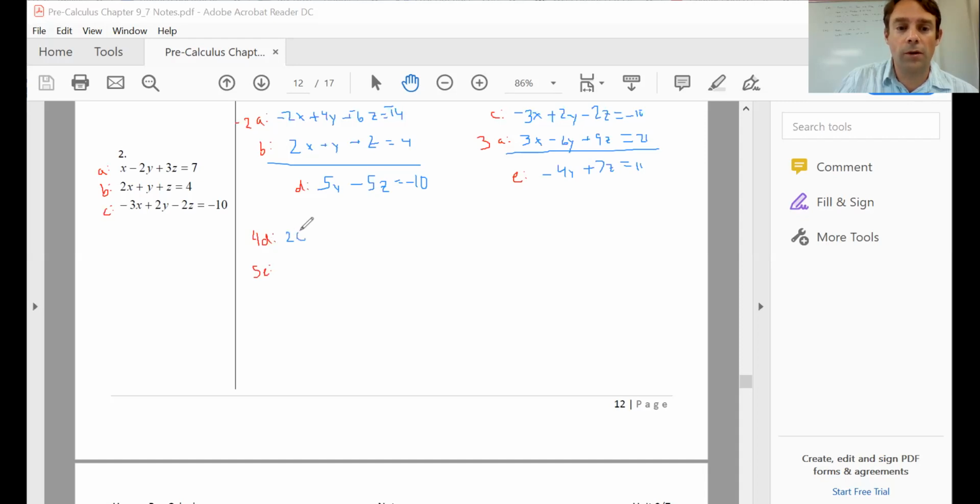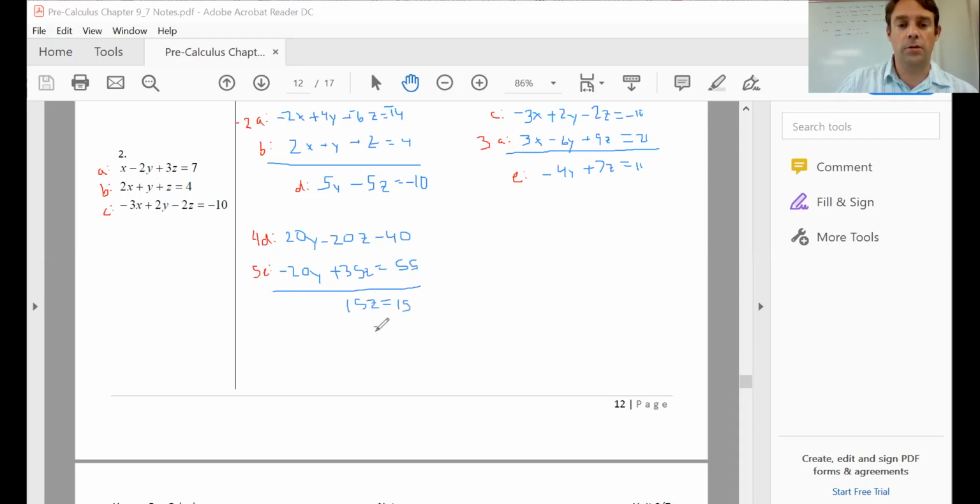So 20y minus 20z equals a -40. -20y plus 35z equals 55. Add them up. 15z equals 15.